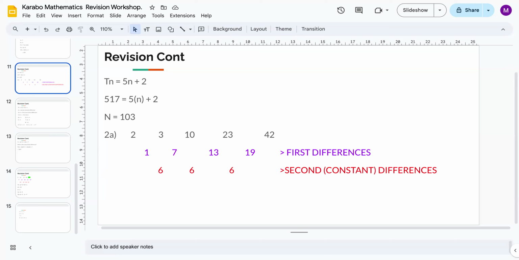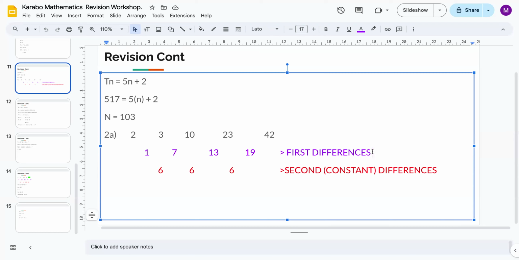Now, when we have quadratic sequences, our first differences will always make an arithmetic sequence. So we can derive a formula for our first differences because we know what the formula for an arithmetic sequence is.